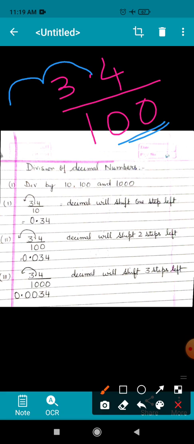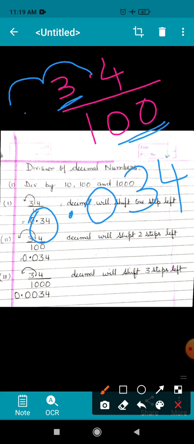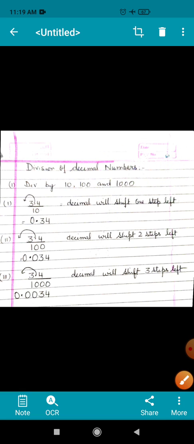Children, you can see only one digit is present and the second digit is absent. So to make it 2 digits, you will write 0. And after that you will put the point. So the answer will be 0.034.